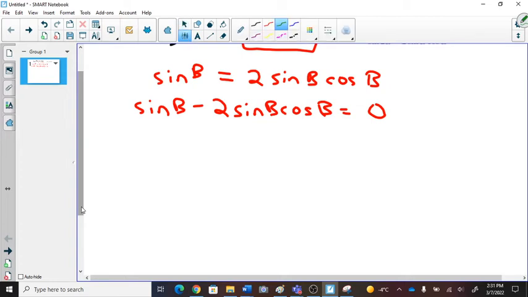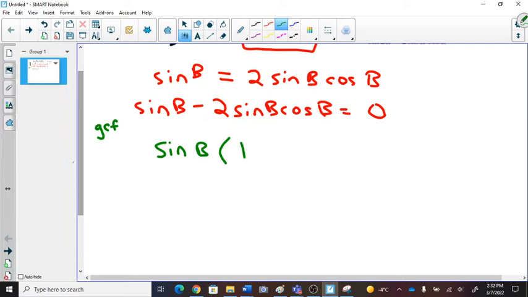GCF. Okay, so what are you going to take out? Everything has a sine b in it. So this first unit, if you divide it by sine b, you get 1.